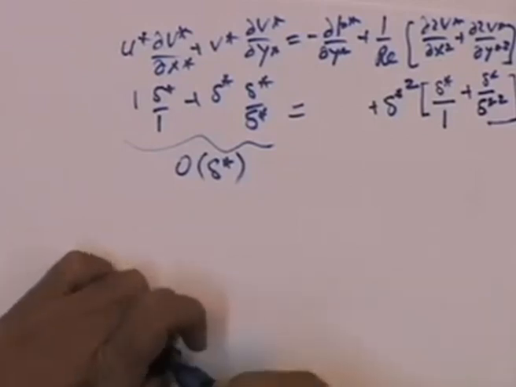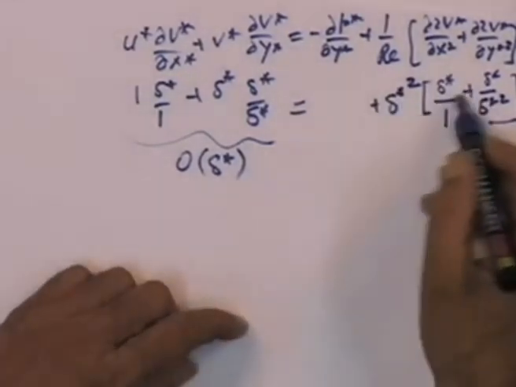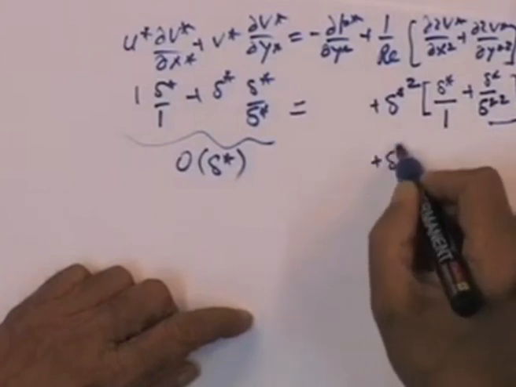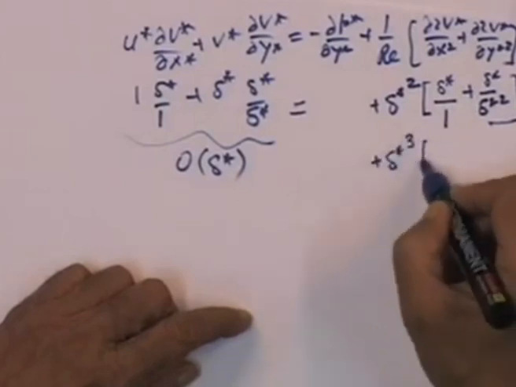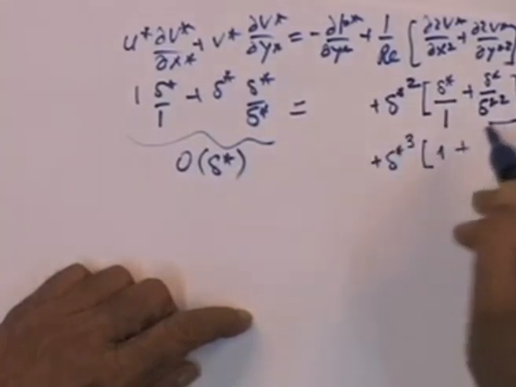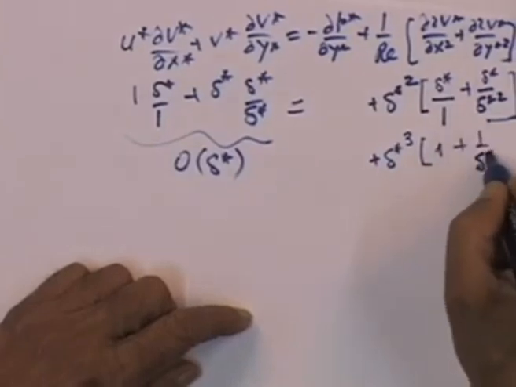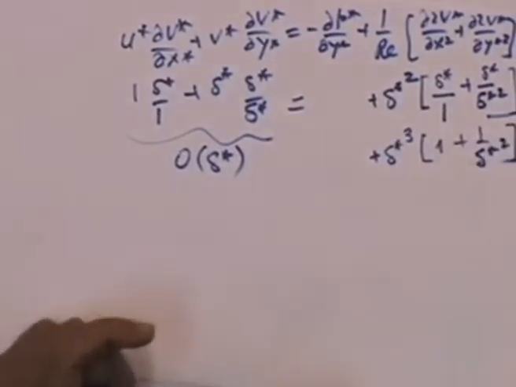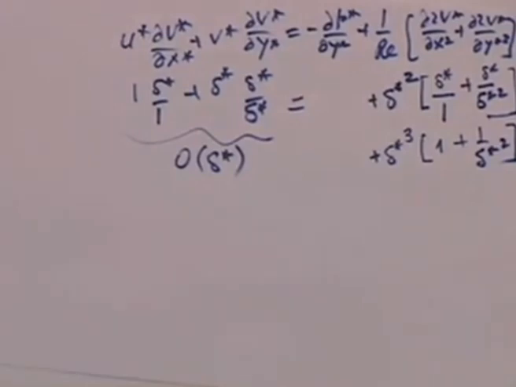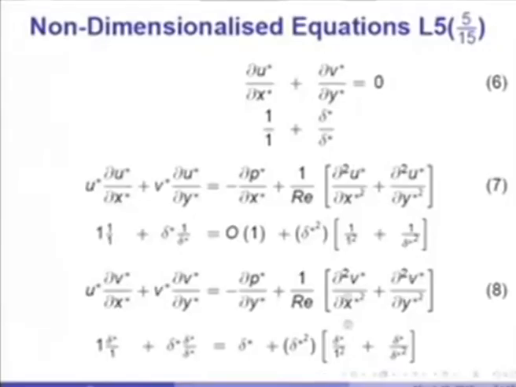And again you will see that if I take delta star common, then I have delta star cubed is a 1 plus 1 over delta star square. So, you will see that the first term is again much smaller than the second term, because the first term is of order 1, the second term is of order delta square, and therefore, that can be neglected.